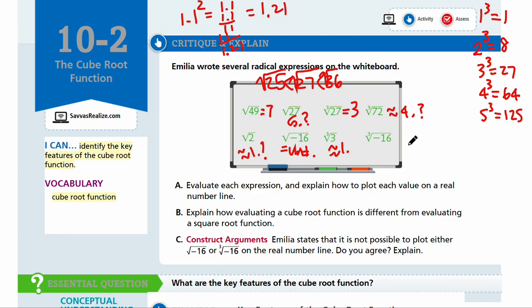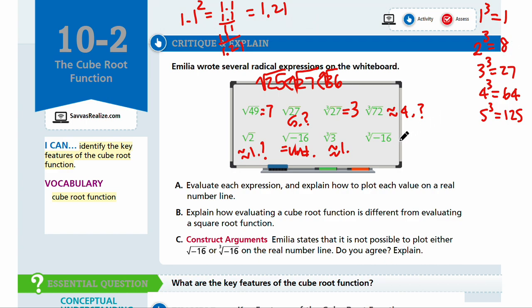And then cube root of -16. This one could be negative, right? But it's still not a perfect cube. So it's going to be between -8 and -27, right? So this is going to be something between -2 and -3, and it's closer to where 16 is closer to 8 than it is to 27.